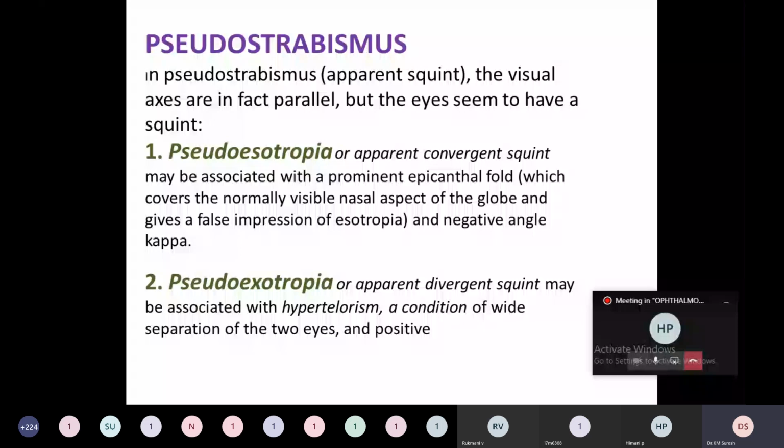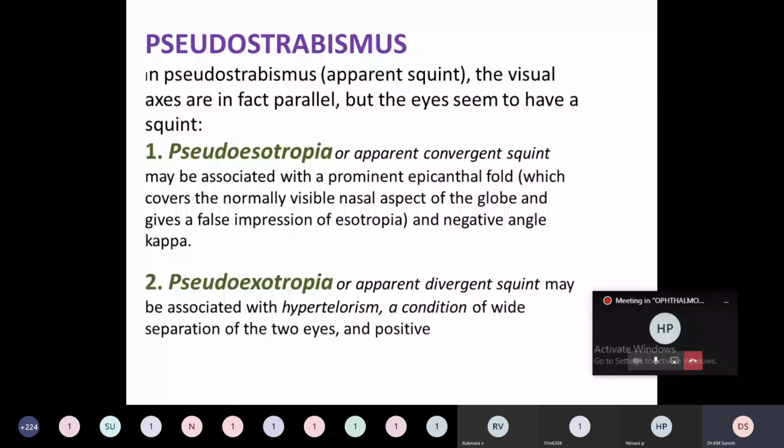In such cases with a prominent epicanthal fold, the nasal aspect on the cornea, wherein you see the globe, is covered extensively and there will be negative angle kappa. In such cases you have what is known as pseudo-esotropia. When do you have pseudo-exotropia?